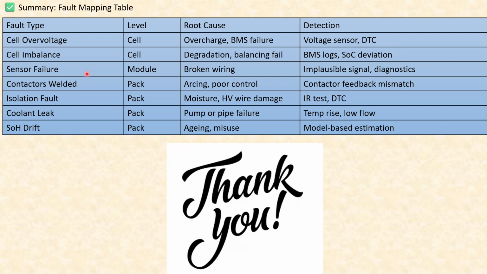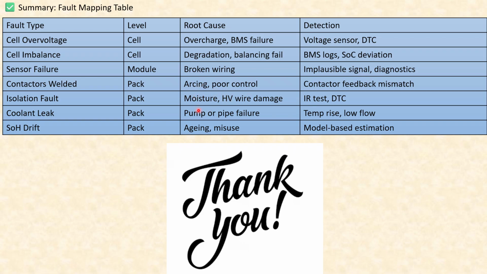Now talking about sensor failure, this is a module level failure, and the root cause may be broken wiring, detected through implausible signals and diagnostics. Now talking about the pack level: contactors welded, isolation fault, coolant leak, and SOH drift. What are the root causes?